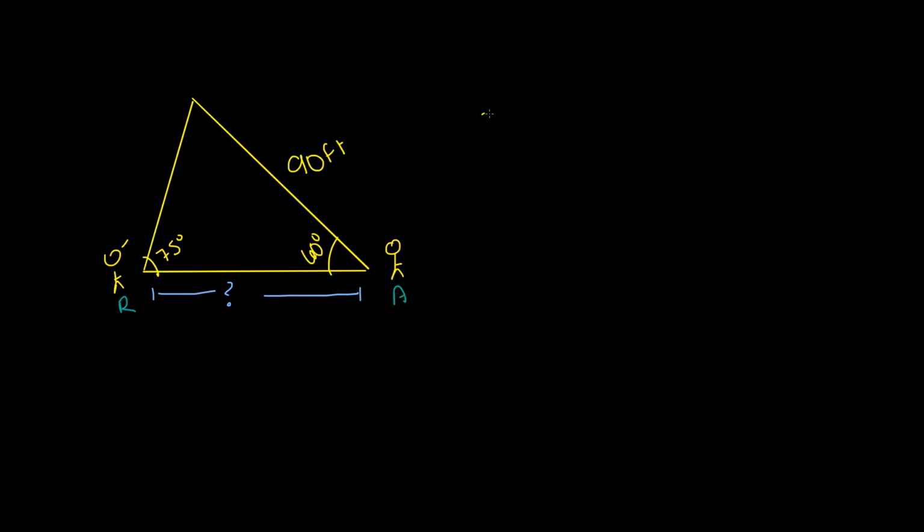So I'm going to say that sine of R, little r, equals sine of A, little a. And this is the balloon, and I'm going to call this Z for Zeppelin.